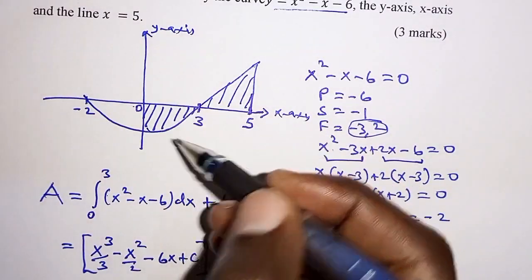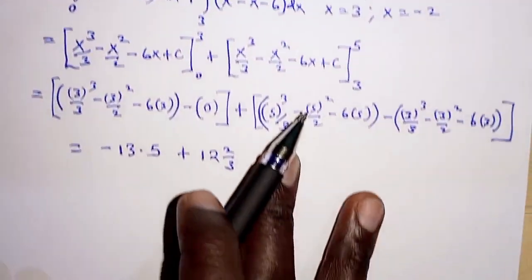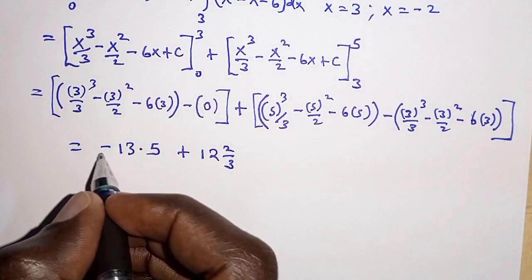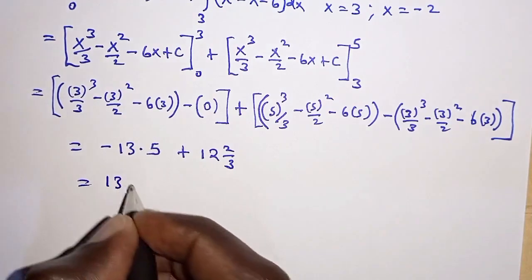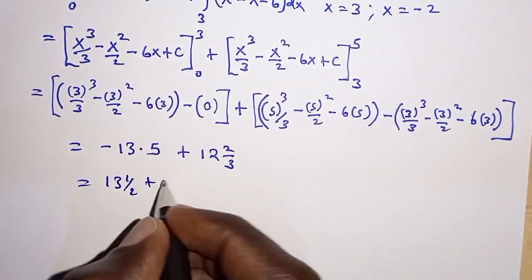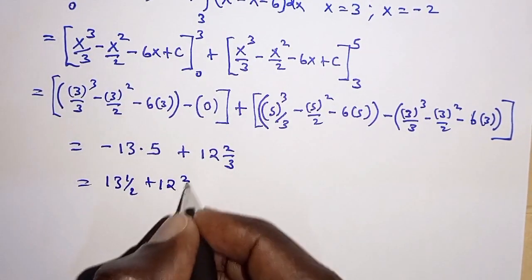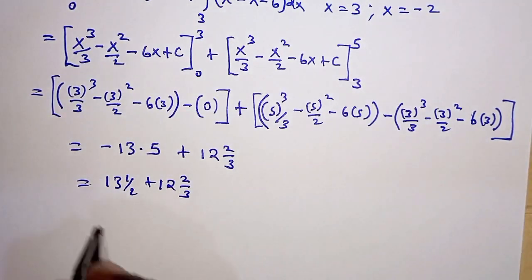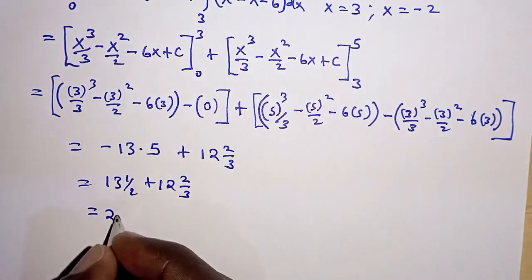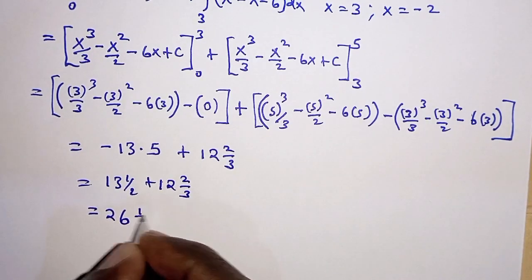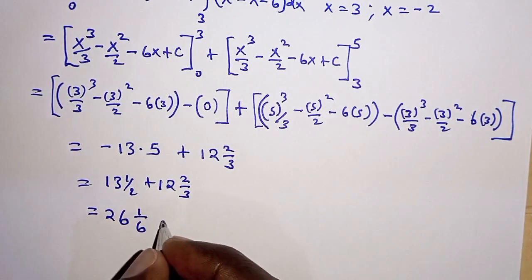It's on the lower part of the Cartesian plane. And because it's area, we'll just ignore the negative and add positive 13.5 to 12 and 2/3. Now this should give us 26 and a sixth square units.